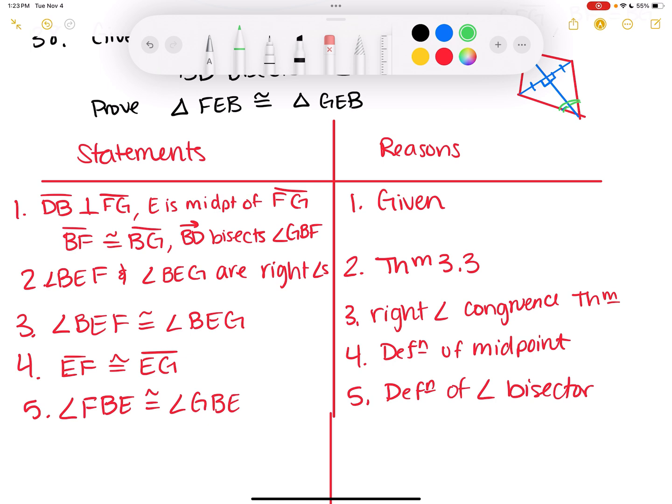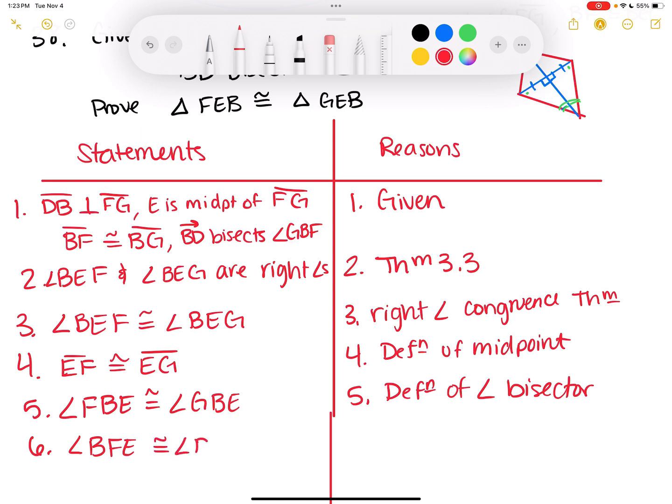So that means that this angle over here and this angle over here also have to be congruent by the third angles theorem. So the next thing is that angle BFE is congruent to angle BGE by the third angles theorem.